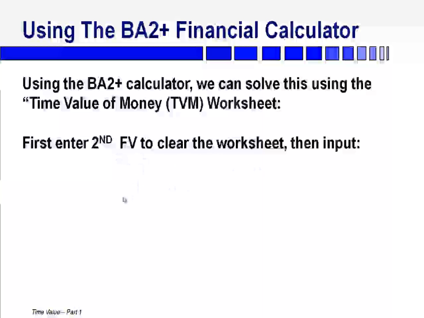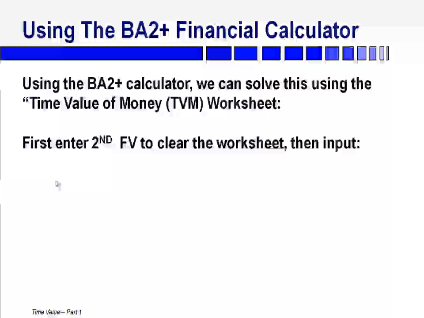What that does is clear the memory in the time value worksheet. And in fact, if you look over the FV key, you'll see lettering that says clear TVM. So you hit the second key, followed by the FV key, and that sets everything in the worksheet to 0. Now we're ready to begin.